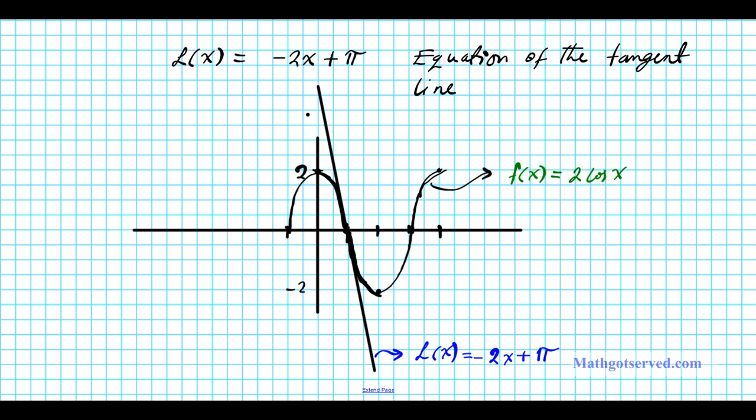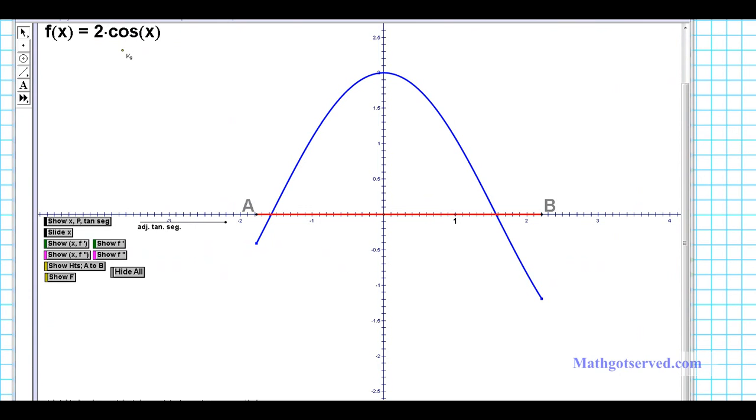Okay, let me go ahead and show you a visualization as to what's happening. This is a cosine function, 2 cosine x. I'm going to show you how the slope of the tangent line changes as you look at the behavior of the tangent line at different values of x on this function.